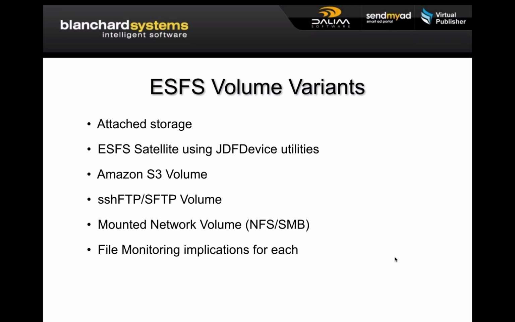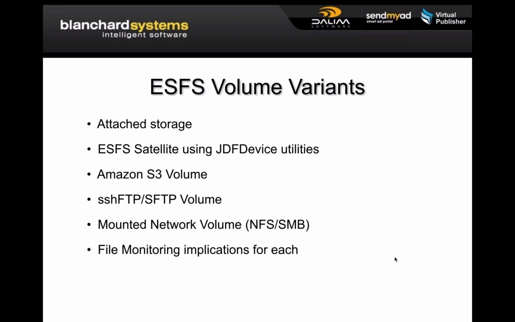We'll look at Amazon S3, and I think the SFTP volumes is fairly new. And some people just want to get away with trying to do NFS mounts or Samba mounts, and you can do it, but as that last bullet says, there are file monitoring implications for both of those types.